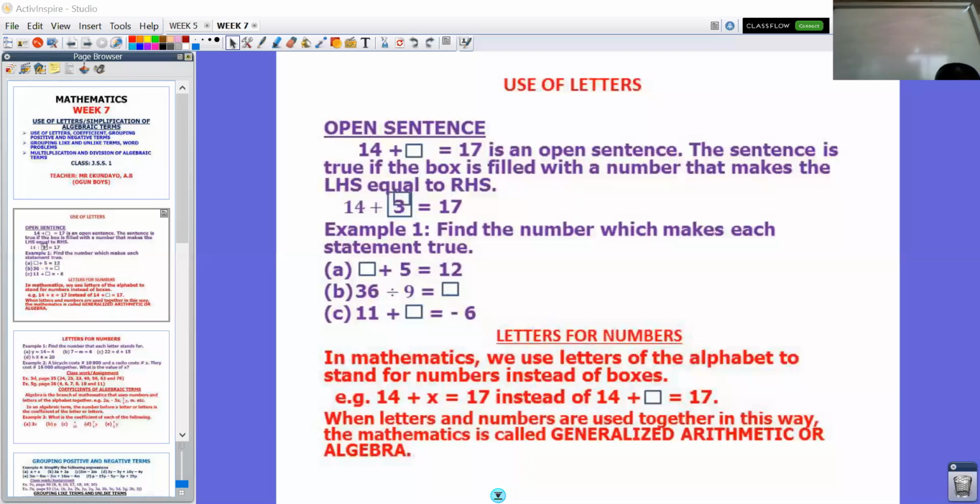Farida is done. Tolu James is done. Sheyi is done. Okay, Tomini is done. Alia is done.